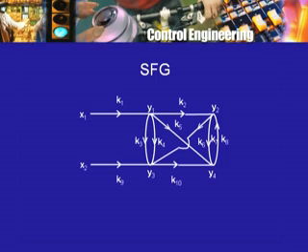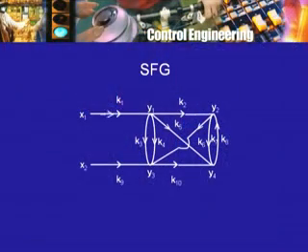Let me remind you what all this stands for. At the node y1, we have a summation, and what is that summation? We have to look at all incoming arrows, find out what the transmittances are, and multiply by these transmittances the signals at the other end.